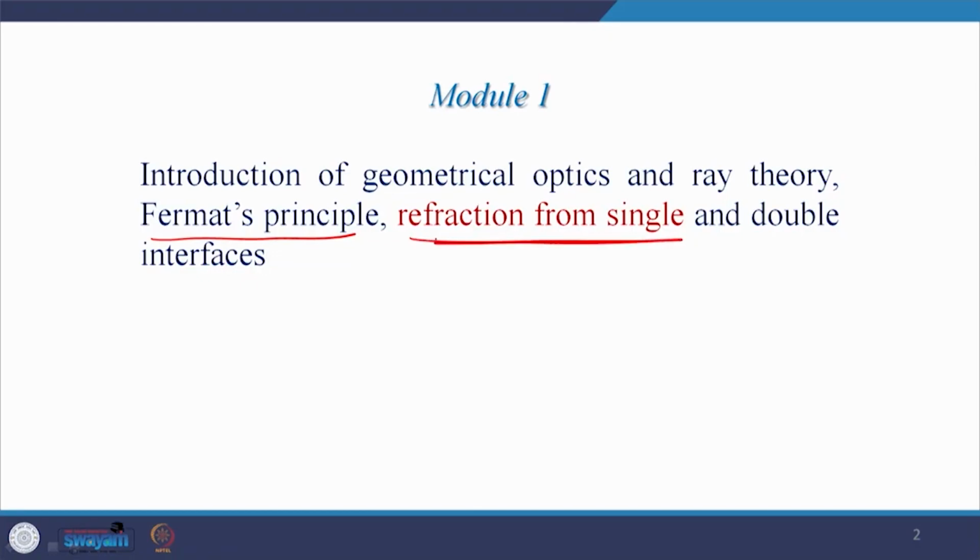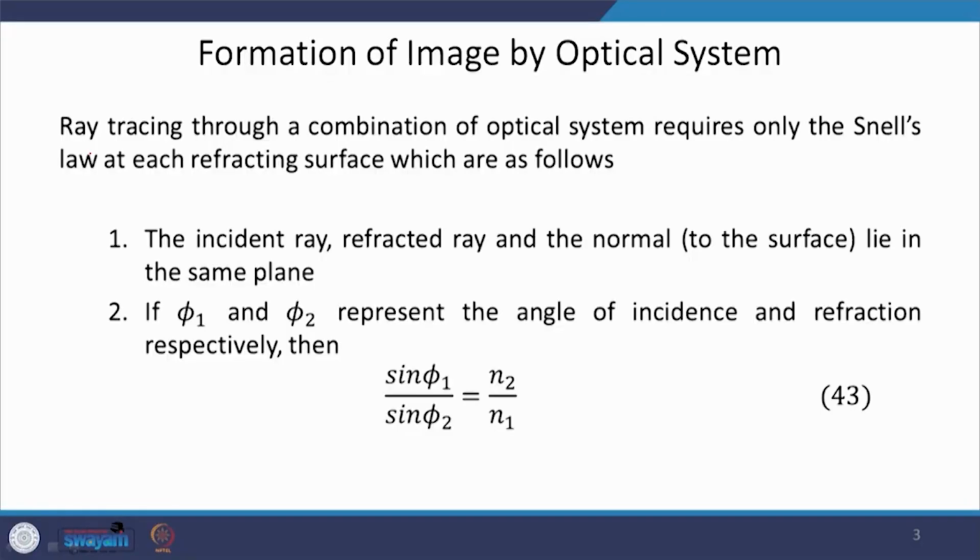Now before moving ahead, let us talk about some fundamentals of optics, which help us in deciding the ray path, and also in forming an image of a given object. To form an image we will have to trace the ray path, and therefore we must understand how the ray path is traced.